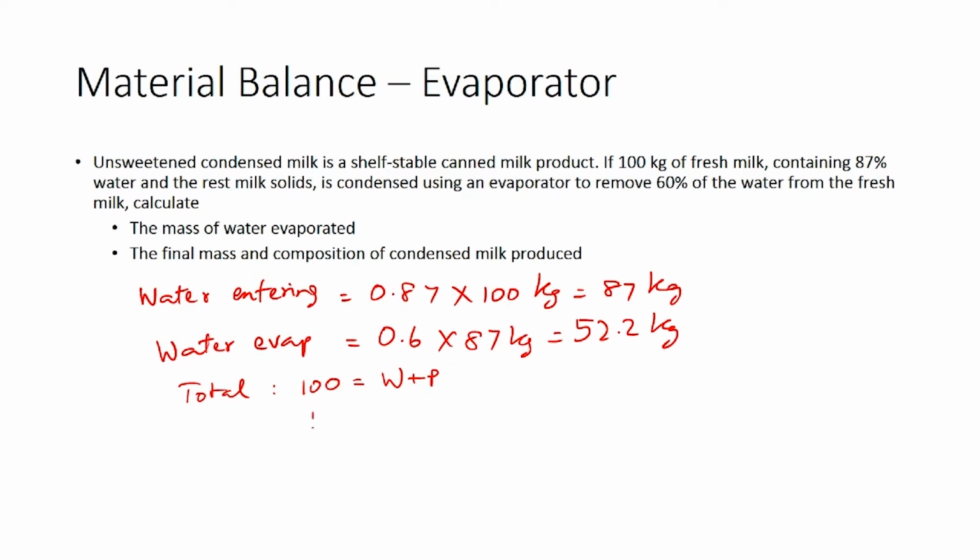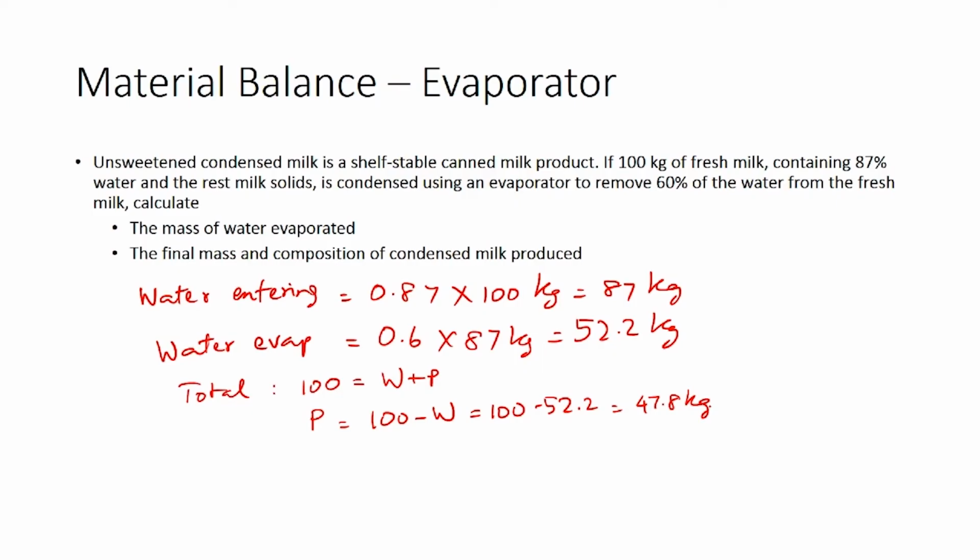So the final product, which is the condensed milk, would be 100 minus the amount of water which has been evaporated, which is 52.2. So you end up with 100 minus 52.2, which is 47.8 kilograms. So the condensed milk which is produced is 47.8 kilograms.